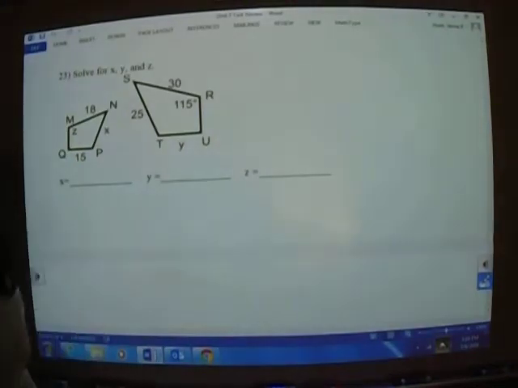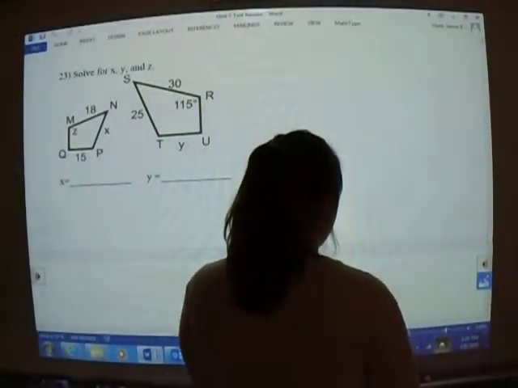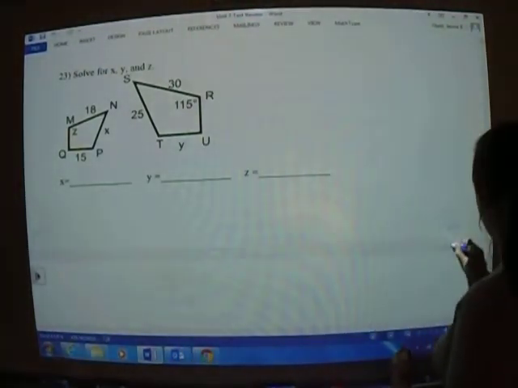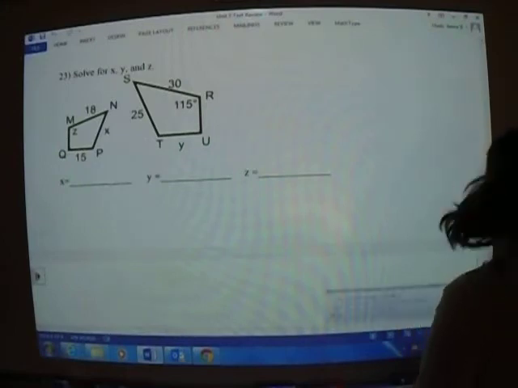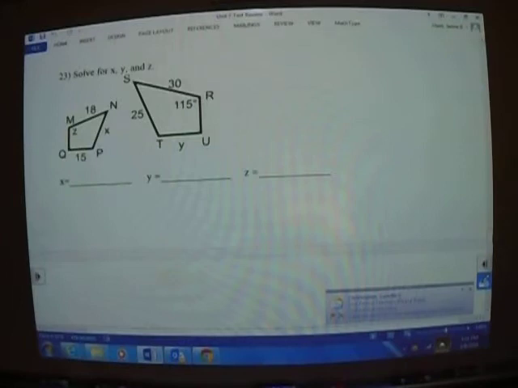Okay. Number 23 says solve for x, y, and z. All these markers are no good. Let's try pink. Okay.